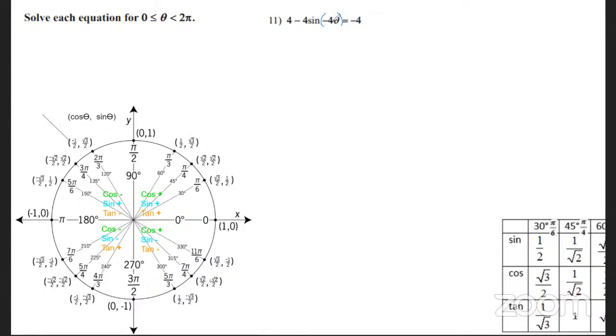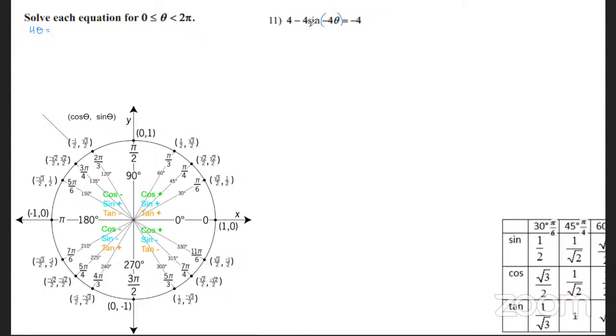So when we go to undo this algebraically, we have to undo it last. We have to undo sine before we get to the 4, not 4 pi, 4 theta. We're going to put 4 theta equals whatever we find for our reference angles and then solve for theta.